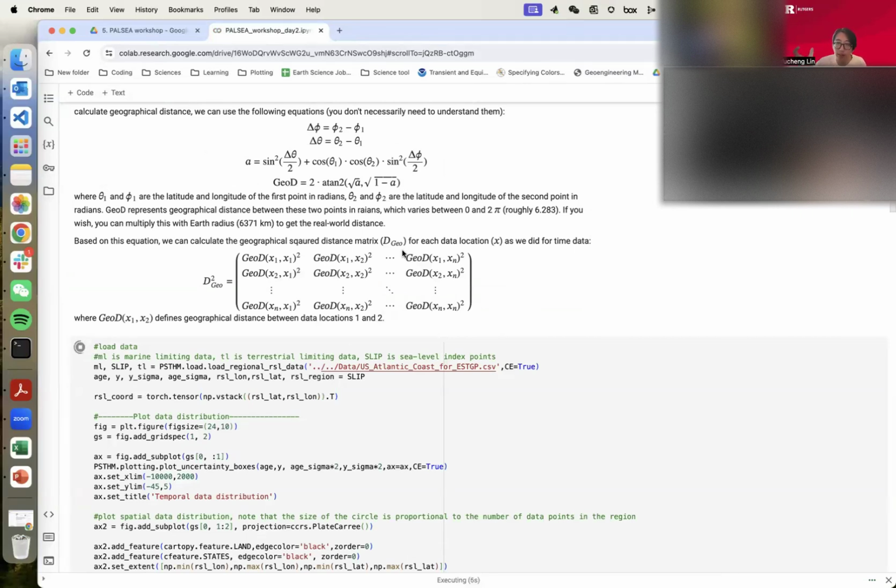It's a 1D radial distance, so you are just calculating the distance without considering the direction, whether we are moving to the north or to the south. We are only considering the radial distance between two data points, and it is calculated in radians here.